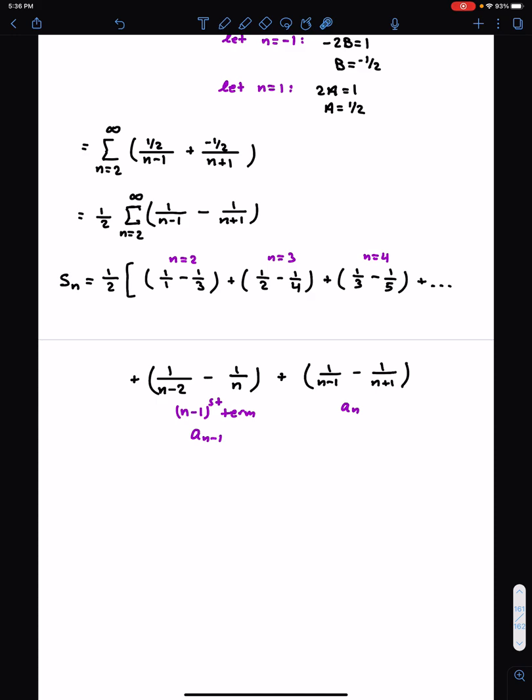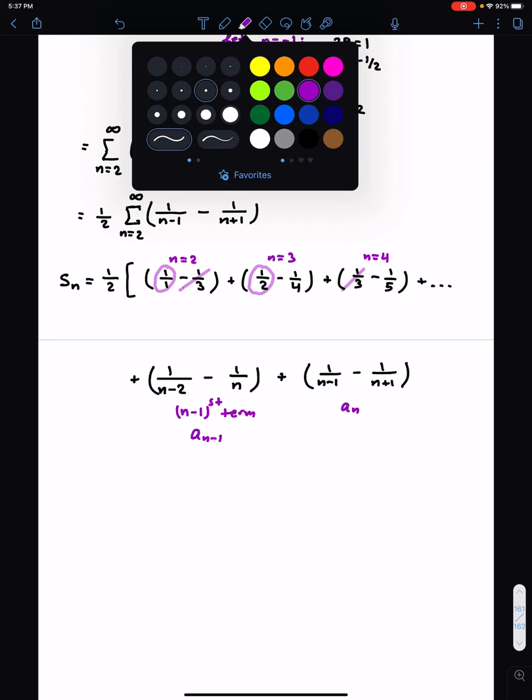So there's a 1/2 left. What's also left is this 1 over 1. The negative 1/3 will cancel with this positive 1/3. The 1/2 is also left.